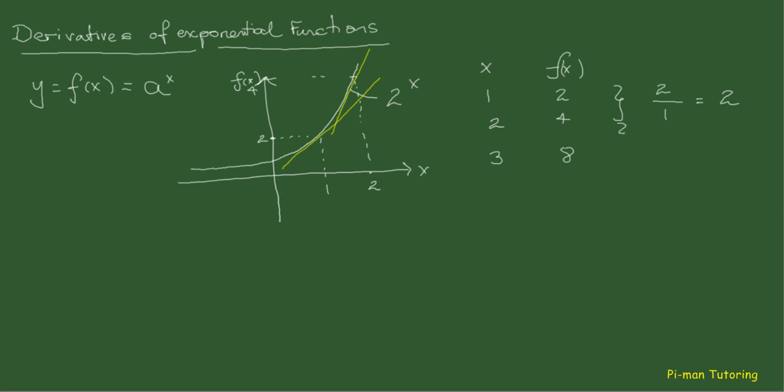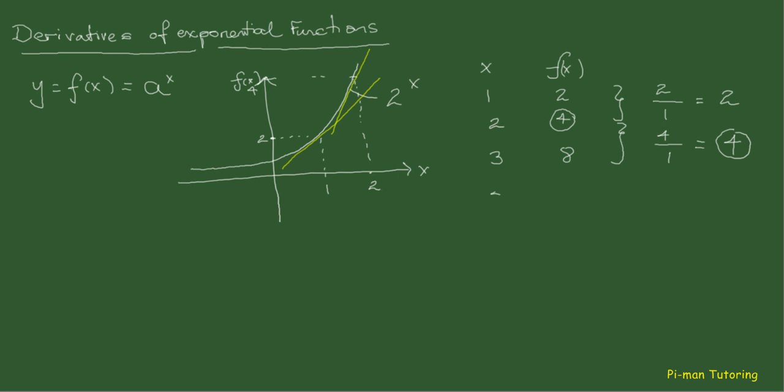Between x equals 2 and x equals 3, we have a change in value of 4 for a change in value of x of just 1. So our slope is now increased. And so I think we can see that our rate of change is related to the value of the function at that point.